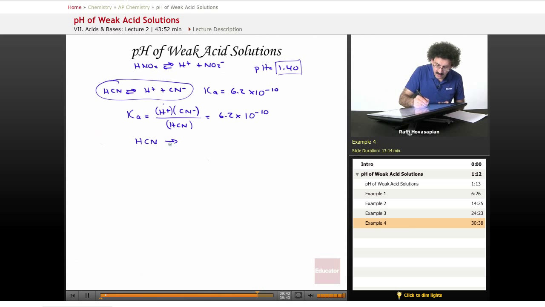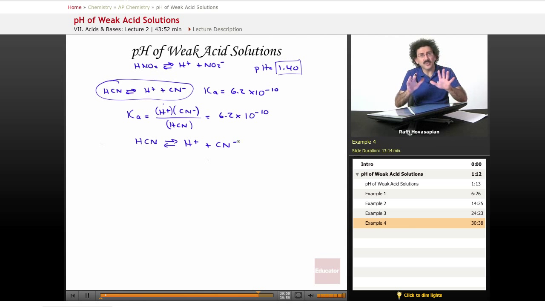HCN, H plus CN minus. Now, at equilibrium, we started off with 1.2 molar of the HCN, right? So this was 1.2 molar.